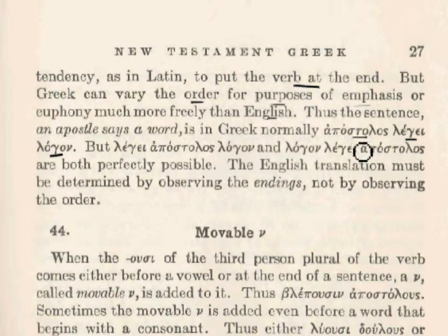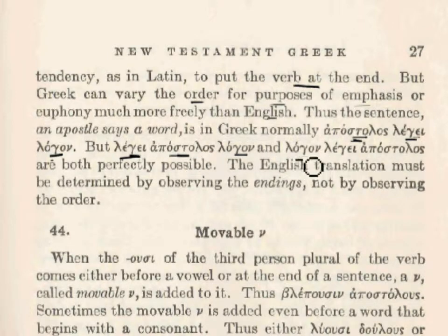So notice he has apostolos lege logon. An apostle says a word. But then notice lege, he says, apostolos, an apostle, logon, a word. Well, again, it's the same sentence and it means the same thing, but the word order has been shifted around, and sometimes that'll happen for purposes of emphasis.